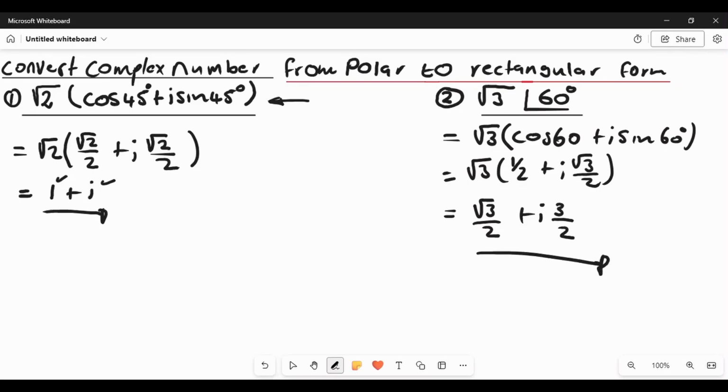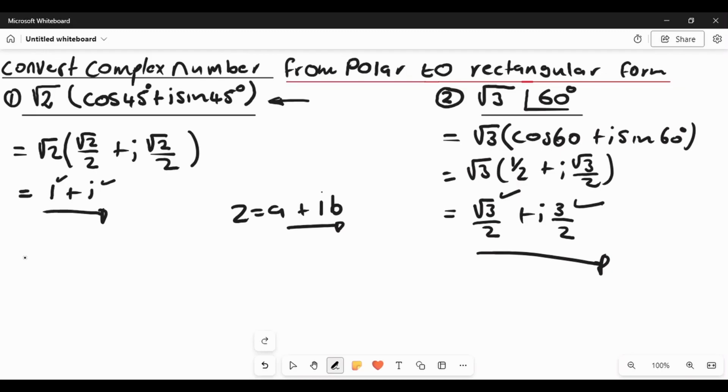You can leave it like this. It's fine, guys. This is how you change from polar to rectangular. Do not forget, the rectangular notation is a real number plus an imaginary number. As you can see, our real number is here and our imaginary number is there.